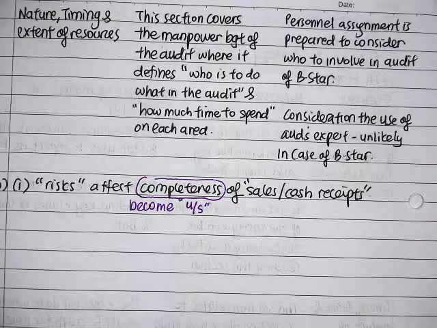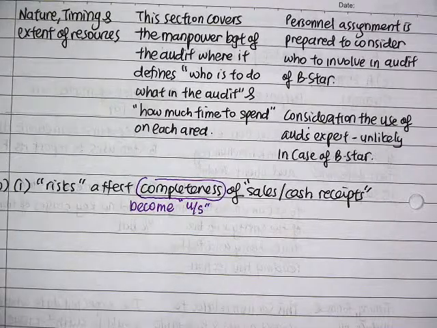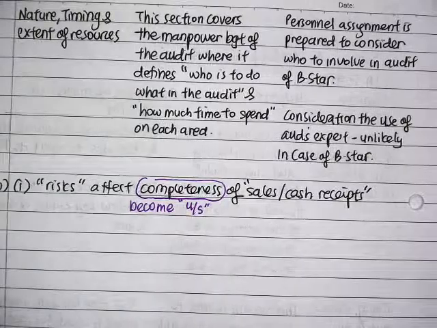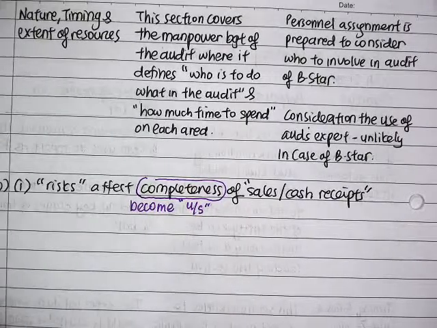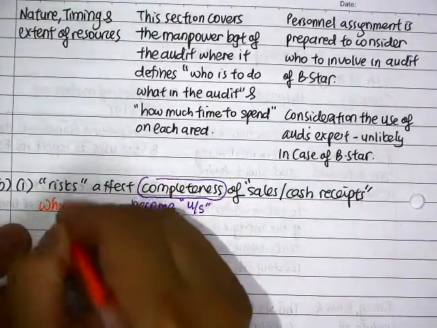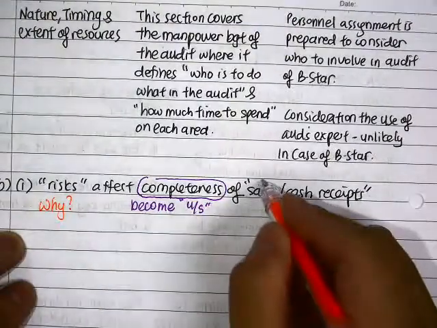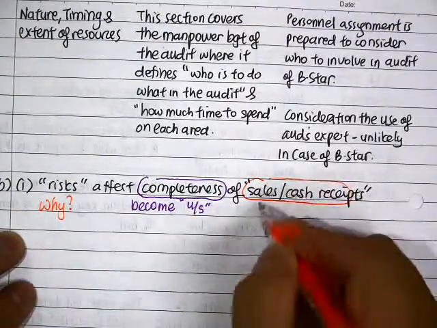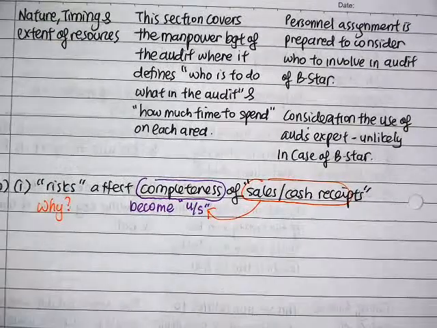Okay? So you ask yourself, don't talk about audit, just talk about if you have a business like this. Let's say this is your theme park. You're a rich man, okay? So you own the theme park. So what happened is in this theme park over here, you're gonna get people to run the show. Alright? Now, why do you think that your sales or cash receipt can be understated?